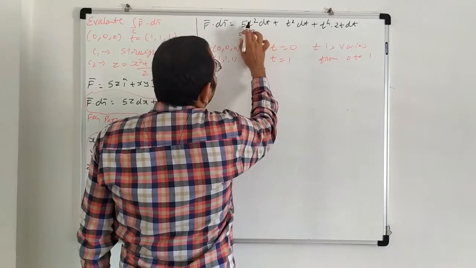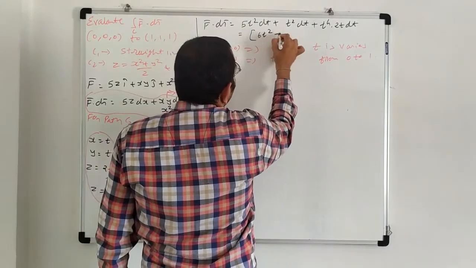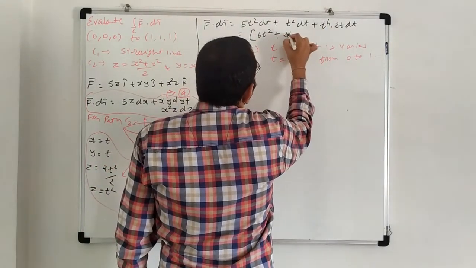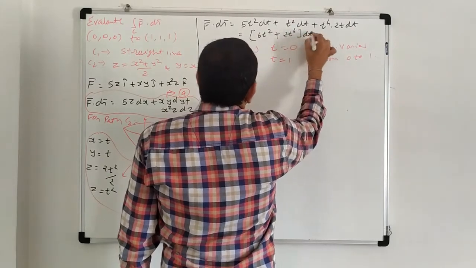Here t is common, then 5 plus 1, so 6t squared plus 2t raised to 6 dt.